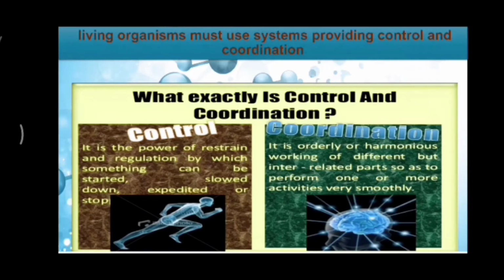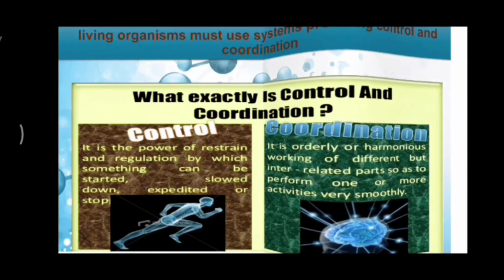Now, what exactly is control and coordination? In the first picture, you can see, what is control? It is the power of restraining and regulation by which something can be started, slowed down, expedited, or stopped. And what is coordination? It is the orderly or harmonious working of different but interrelated parts so as to perform one or more activities very smoothly.